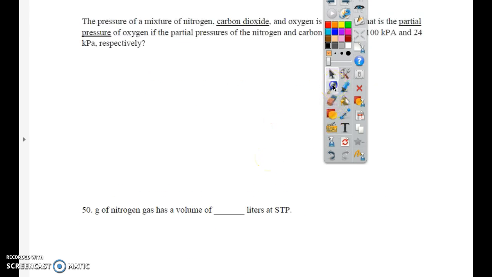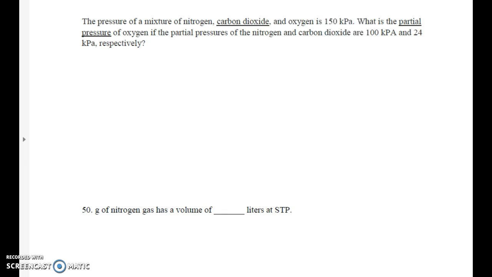Okay, another type of Dalton's law problem. The pressure of a mixture of nitrogen, carbon dioxide, and oxygen is 150 kilopascals. What is the partial pressure of oxygen if the partial pressures of the nitrogen and carbon dioxide are 100 kilopascals and 24 kilopascals respectively?